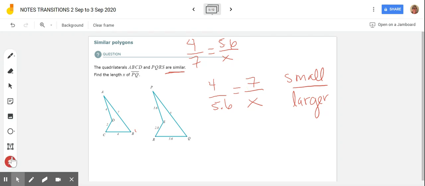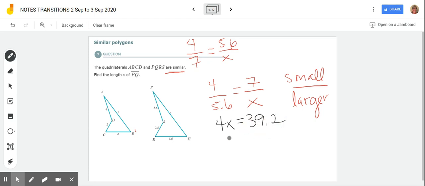All right, so now you've got to cross multiply. You've got a proportion. I'm going to switch colors because why not? 7 times 5.6. 7 times 5.6 is 39.2.